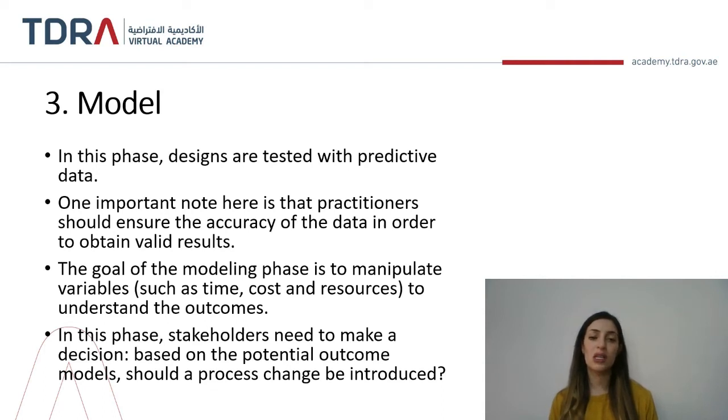In this phase, stakeholders need to make a decision based on the potential outcome models, and whether a process change should be introduced. Who are stakeholders? Any person who has a direct or indirect relationship with the organization is considered a stakeholder.